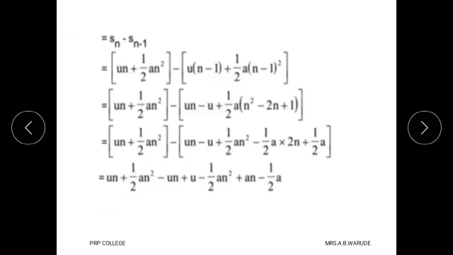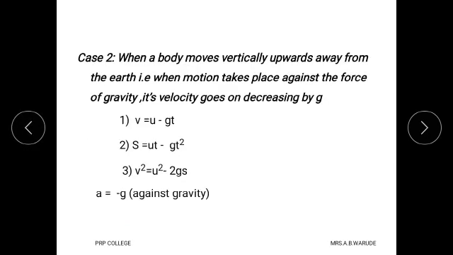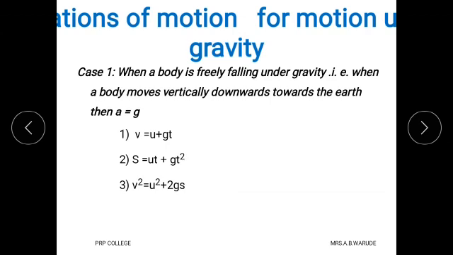Then first we write the distance travelled by a particle in n seconds. Use the second equation of motion, that is s equals ut plus half at square.